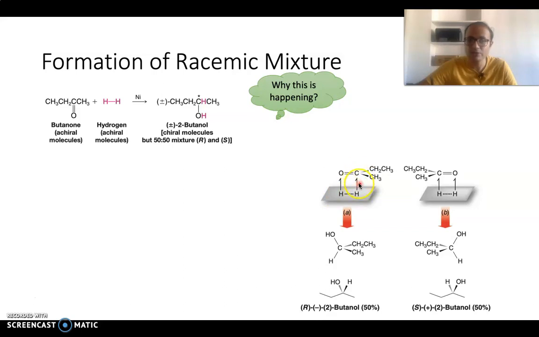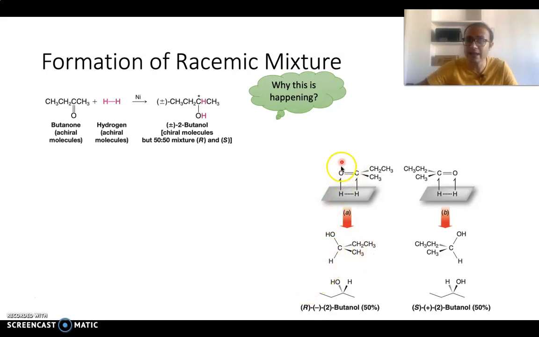When it undergoes reduction, you know that this carbonyl carbon is a trigonal planar structure. It's a planar shape. So when the hydrogen molecule adds, it can add from this end of the plane as well as from the top end of the plane. When it adds from this end of the plane, it gives rise to the R enantiomer.